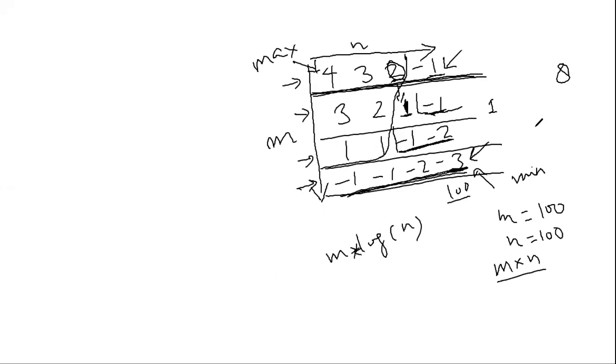Yep. Any question on that approach? Because we are just using that property of sortedness here. The other way, instead of going row wise, you can start column wise, because this is also sorted, right?